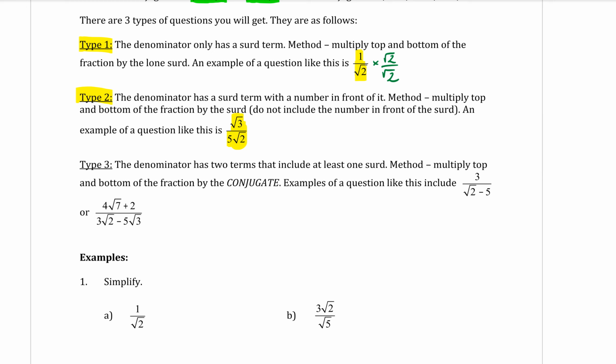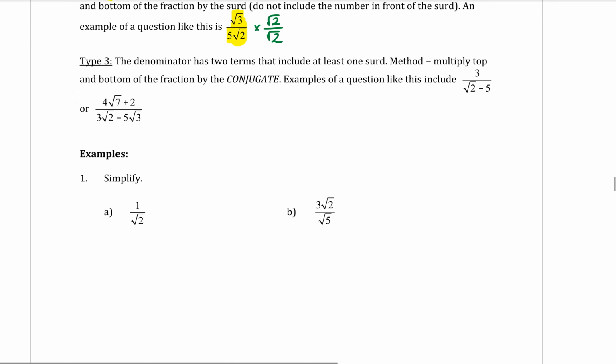Don't worry about the surd on top, okay? We're not worried about what's happening on the top at this stage. We're trying to rationalize the denominator, which is the bottom. So all I do is I take the square root sign on the bottom, which is square root of 2, and I multiply by square root of 2 over square root of 2. Okay, and we'll continue those ones down below to multiply them out.